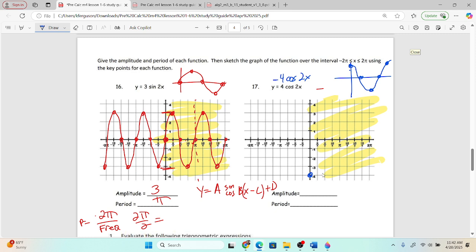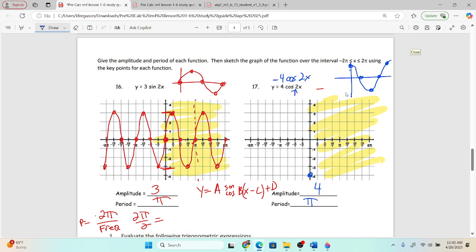So what's my amplitude? It's never negative, so it's 4. And then what's my period? No, that's my frequency. What's my period? It's definitely not 5. Pi. Excellent, sir. I'm sorry I misheard you. So it's pi.